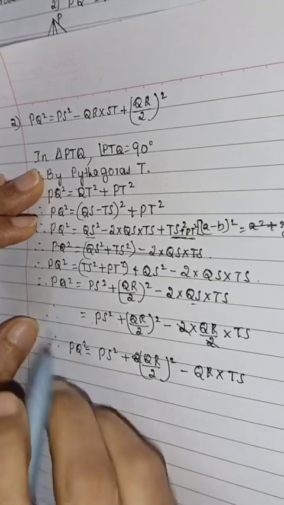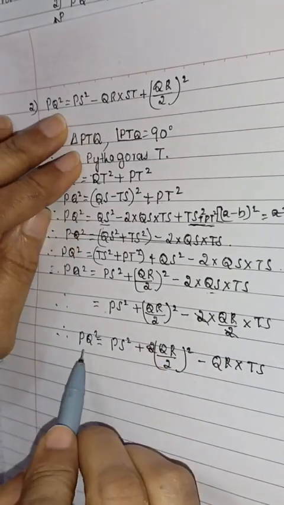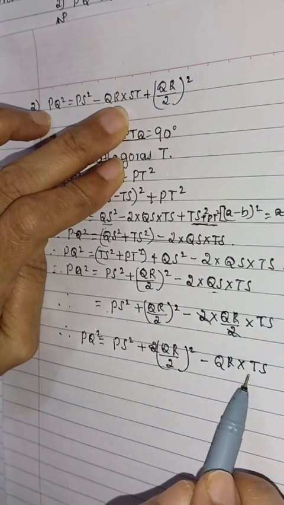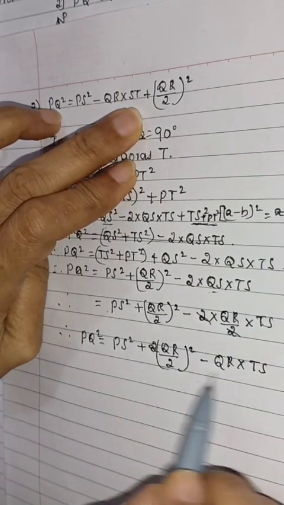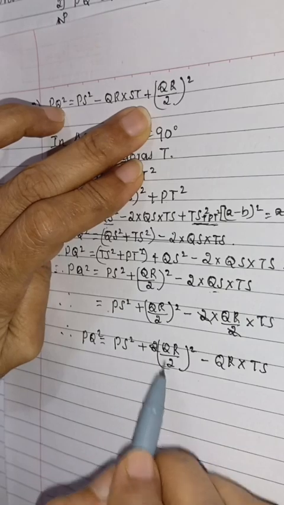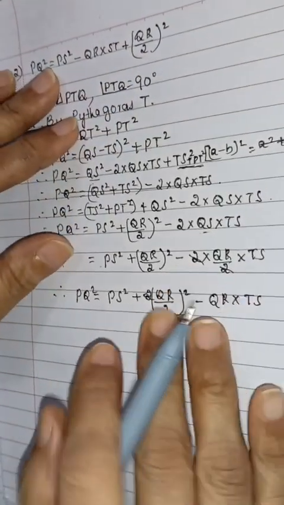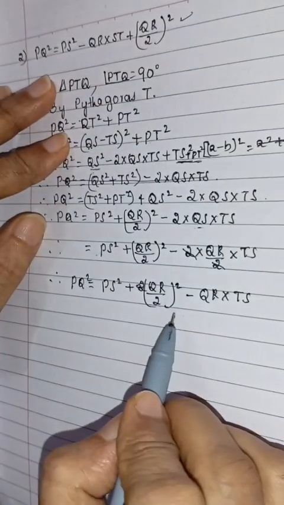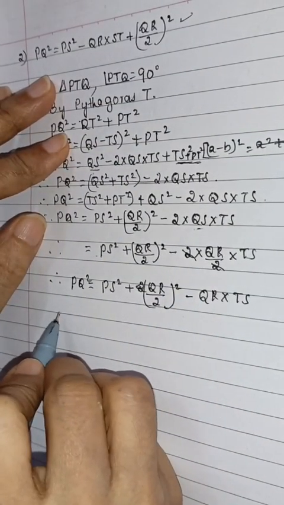Therefore, this is what we have to prove: PQ square equal to PS square minus QR into ST or TS plus QR by 2 whole square. We'll write it in this form, the same, but here the place is changed.